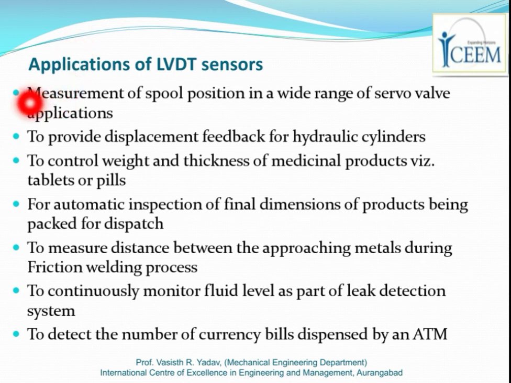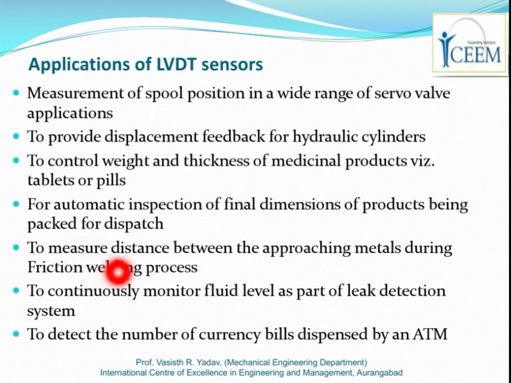So moving forward, let us see some of the applications of LVDT sensors. LVDT sensors are employed to measure spool position in a wide range of servo valve applications. They provide displacement feedback for hydraulic cylinders. They are used to control the weight and thickness of medical products, that is tablets or pills. They are also used for automatic inspection of the final dimensions of products being packed for dispatch.